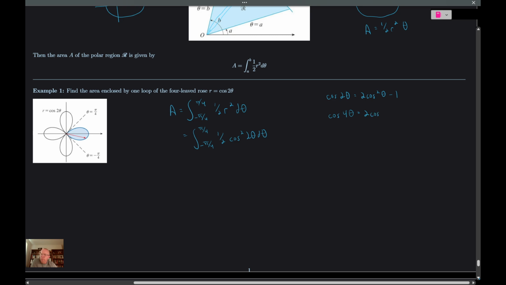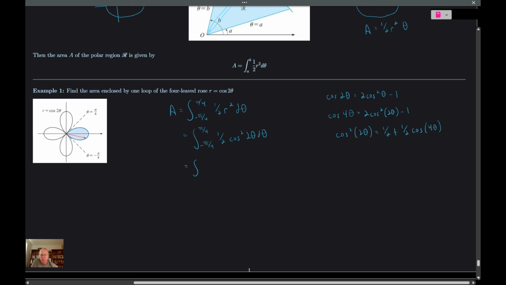Make this cosine 4 theta, and then 2 cosine squared 2 theta minus 1. So now we have cosine squared 2 theta. Let's solve this equation for that. Then cosine squared 2 theta would be 1/2 plus 1/2 cosine 4 theta.